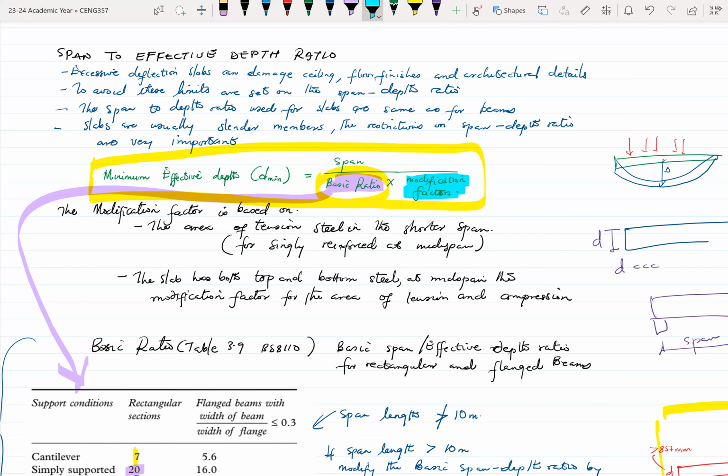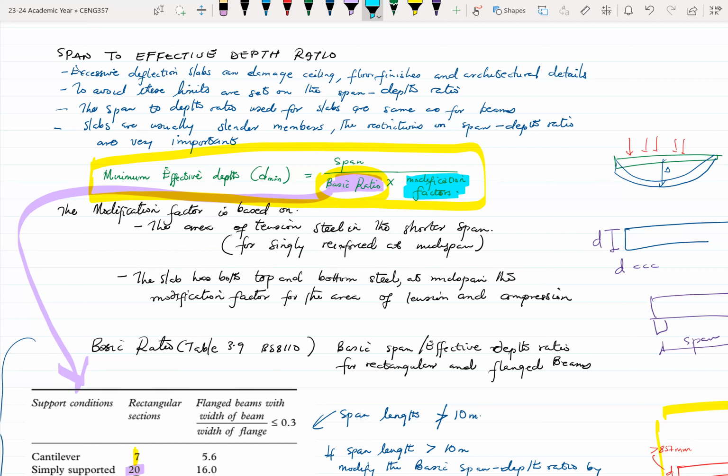Then whatever answer we get for the minimum effective depth, we increase that by some 25 or 50 millimeters extra, to cater for when we get all our data and do the proper effective depth checking. It should still pass anyway.